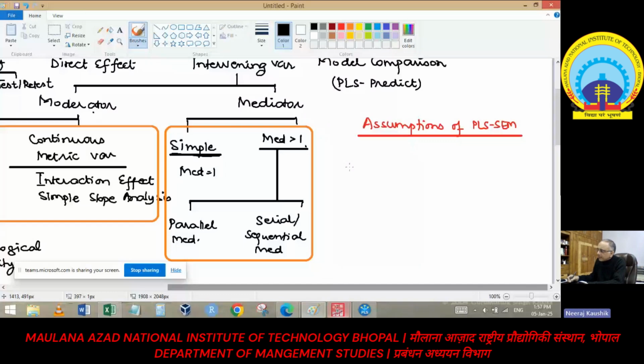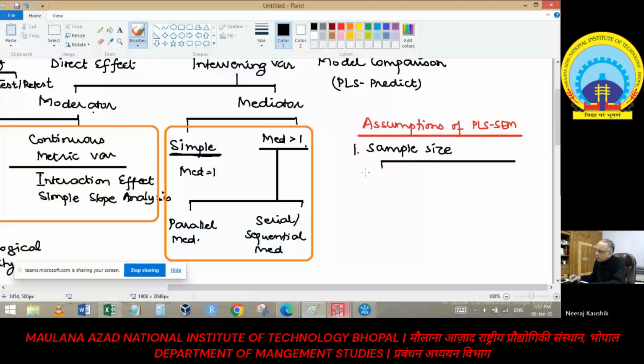So the first point is the sample size. It can work on a very, very small sample size. There are 3 methods for the sample size, 3 things which you should run and show in your work. What are the 3 things? Number 1, there is a sample size formula.